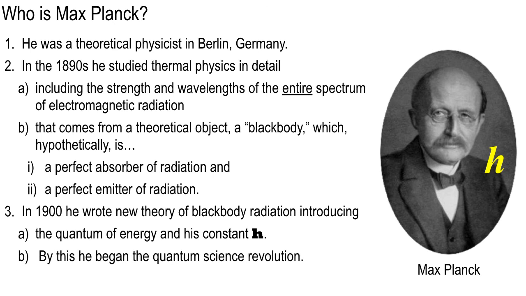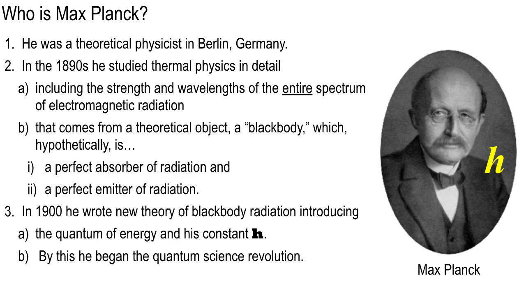And he didn't know it at the time, but this decision that he made to orient his theory to the energy of oscillators coming in bundles of energy proportional to this constant explained black body radiation perfectly, and it actually started the quantum science revolution.